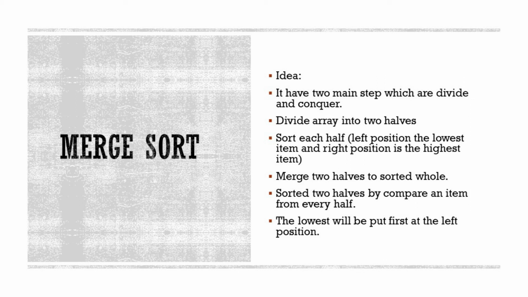It sorts each half. Left position is the lowest item and the right position is the highest item. It merges the two halves to a sorted whole. It sorts the two halves by comparing an item from every half. The lowest will be put first at the left position.